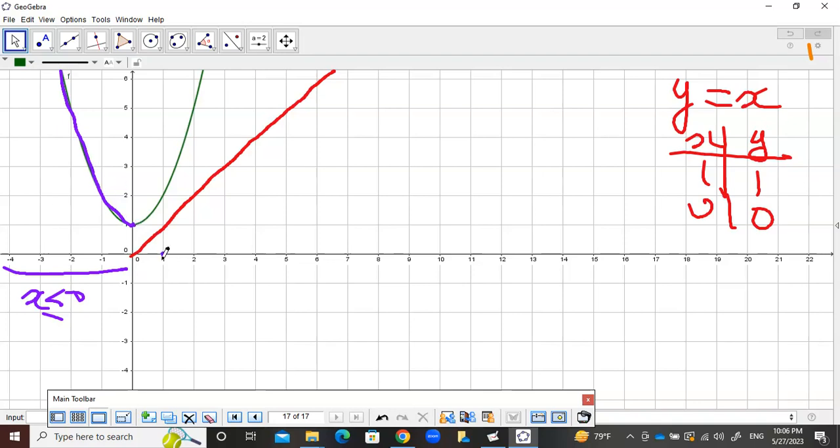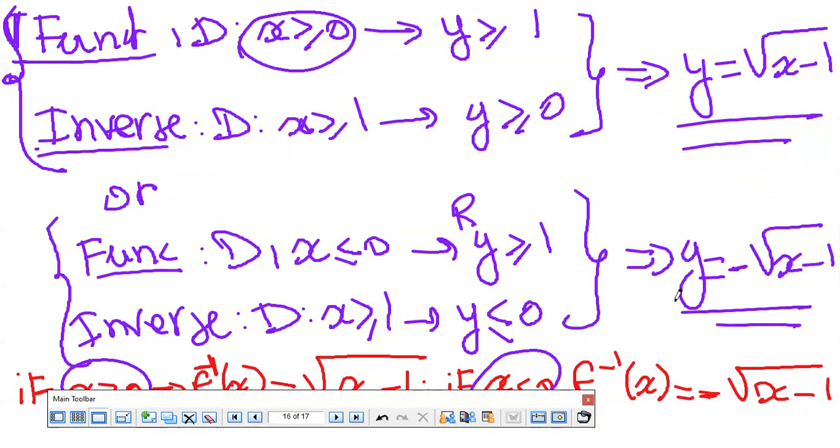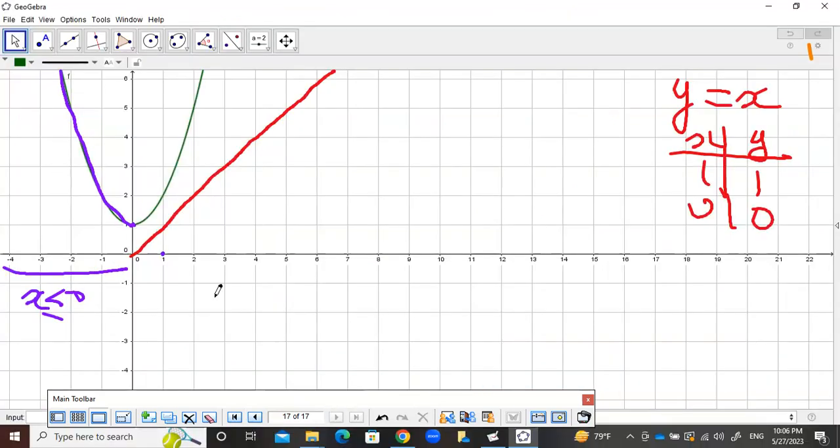So I will continue doing that so that I will have the first part of this one. And if you look here for x negative, it's minus, so it's gonna be under. So it's here. And then I continue. This one is approximately here. Yeah, like this. And then I do the first part of it. So it's gonna be like this here. So this one, its image is here.